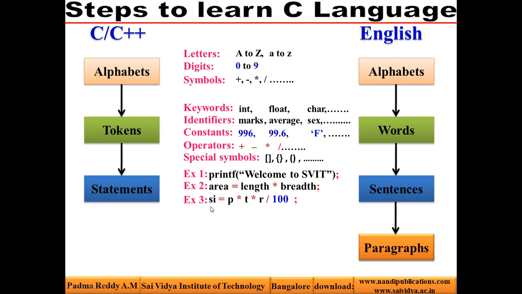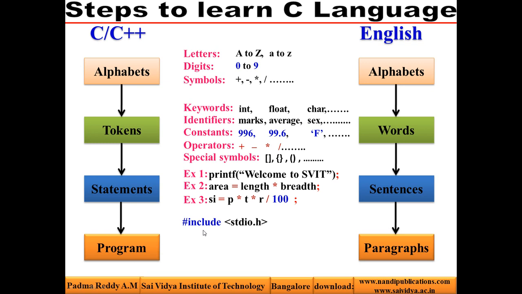Once we know what are statements in C language, later we learn how one or more statements are grouped together to form a specific task or to achieve a specific task. Now that part of the program to achieve some specific task is explained here with an example.